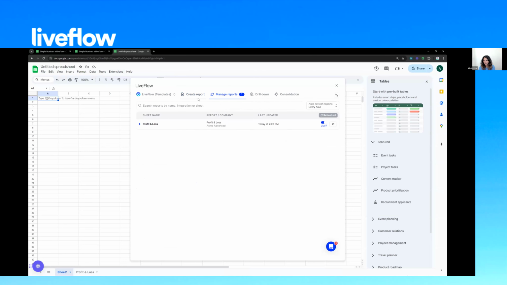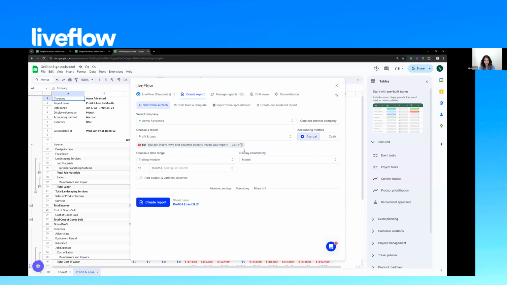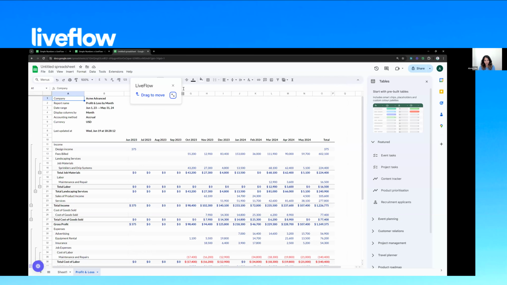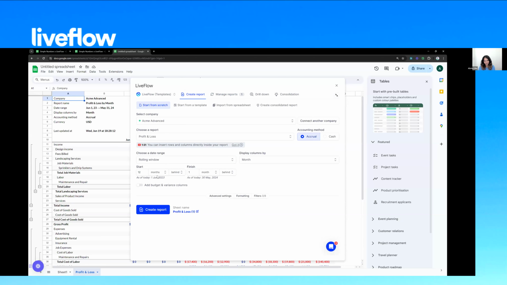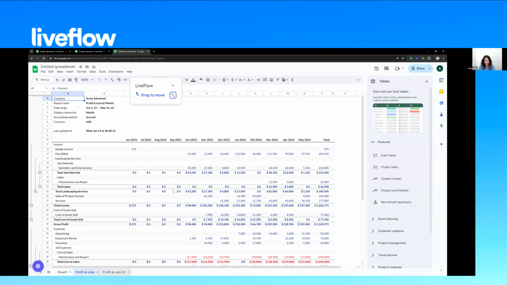We support week, month, year, etc. You can generate it, and it just takes a few seconds to generate the report. We also have a rolling window where you can start and finish a specific number of days or months behind a reference date. So I just create this report, using the same settings, but essentially this is how the rolling feature works within LiveFlow.